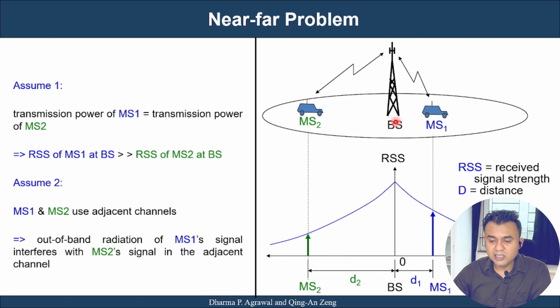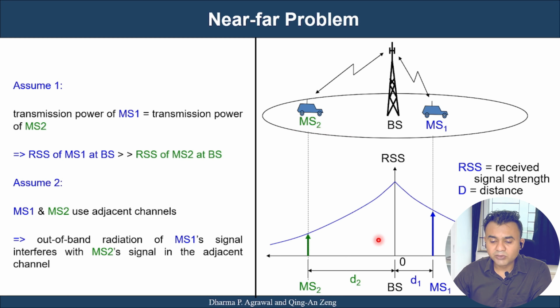However, the distance of both mobile stations from the base station is different. Let's say mobile station 1 is located at D1 distance from the base station, and mobile station 2 is located at D2 distance from the base station.